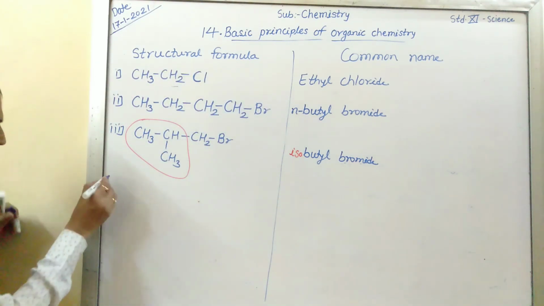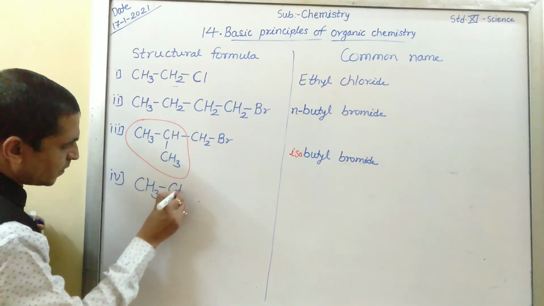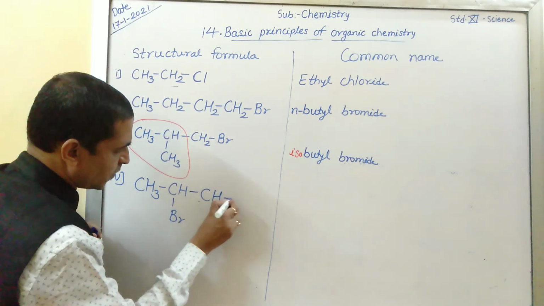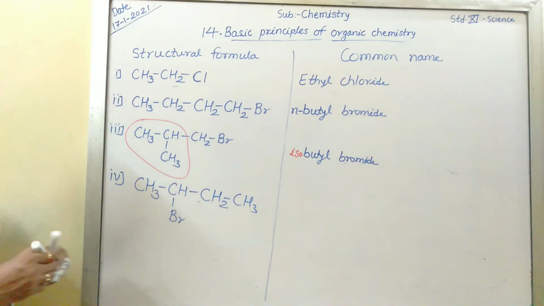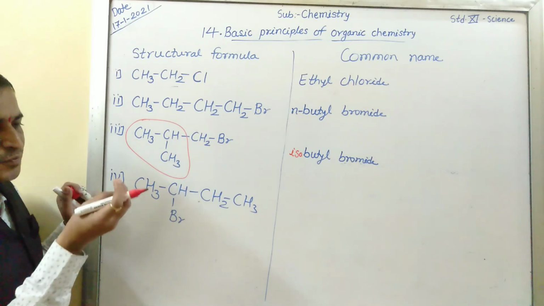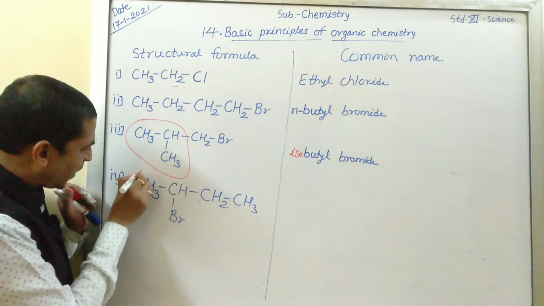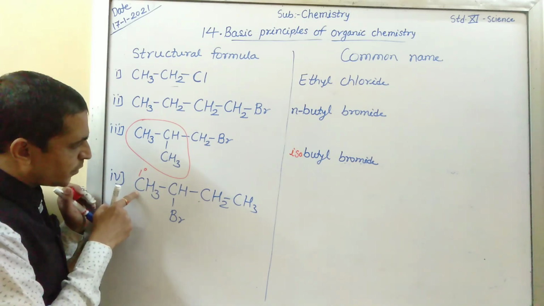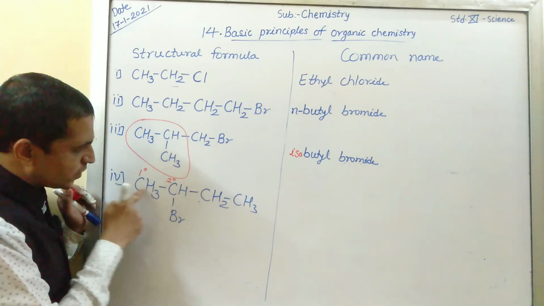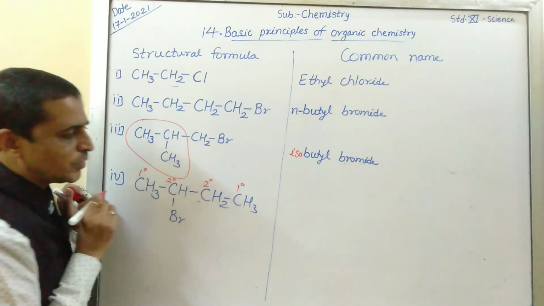Now we'll see next. CH3 CH Br CH2 CH3. Now see here, already we have studied about types of carbon atoms: primary, secondary, tertiary. So see, this is primary, because it is the first carbon atom. But now see, this is secondary, because it is attached to first and second carbon atoms. Now it is also secondary, and this is primary carbon atom.